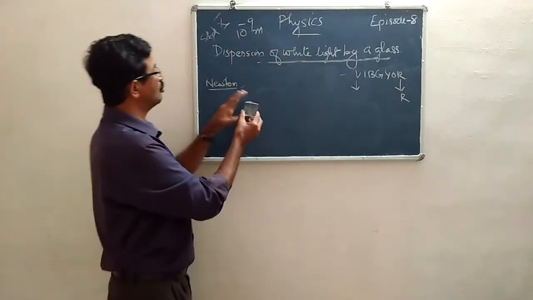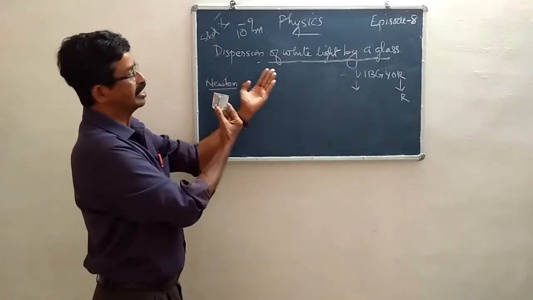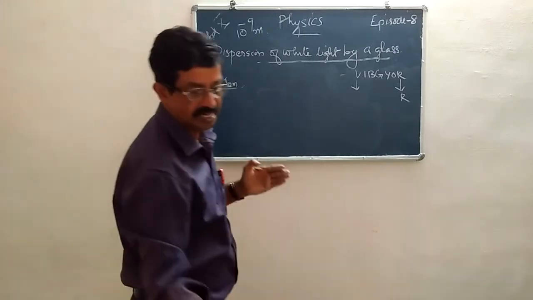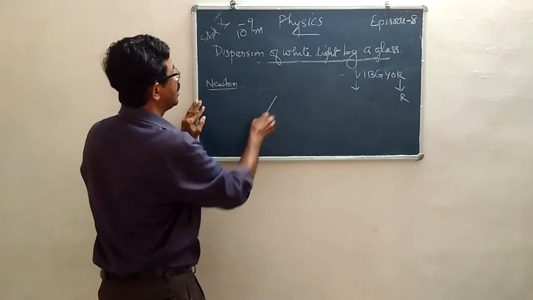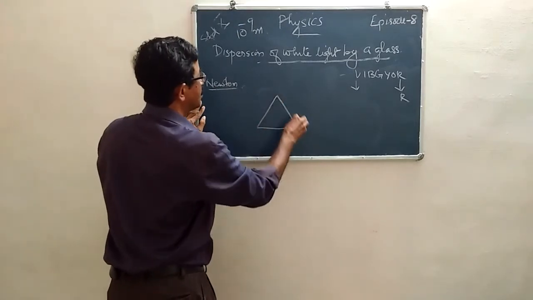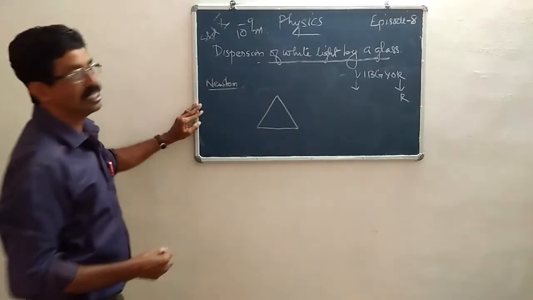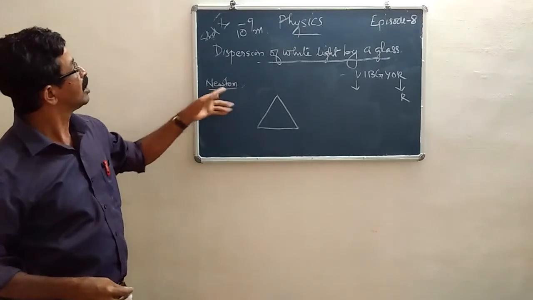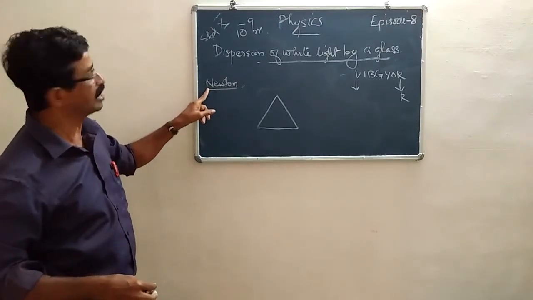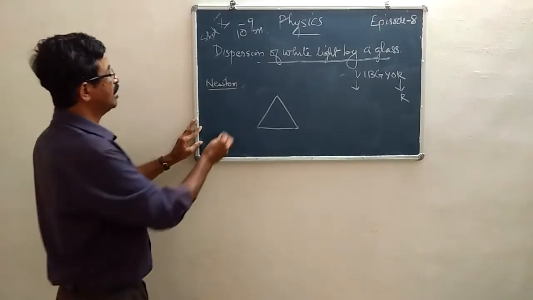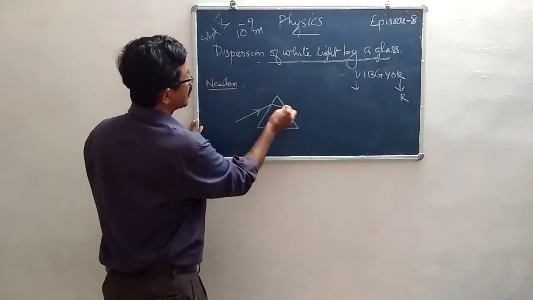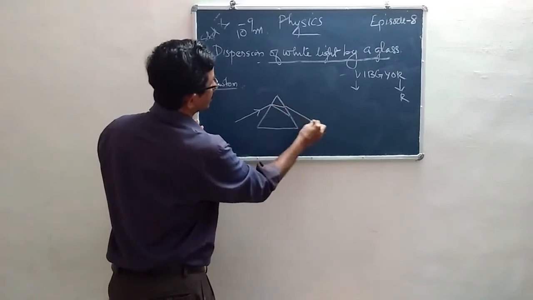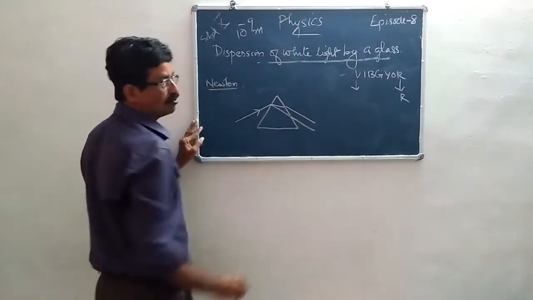When light falls on one of its sides, it is separated into different rays, and Newton studied that first. Who studied the dispersion of light first? Newton studied it. Refraction takes place at both surfaces.